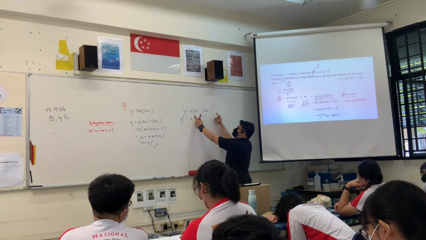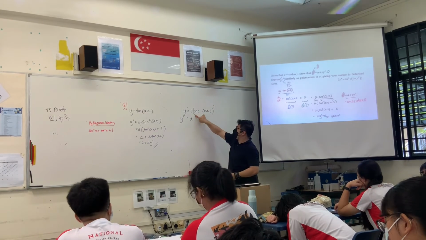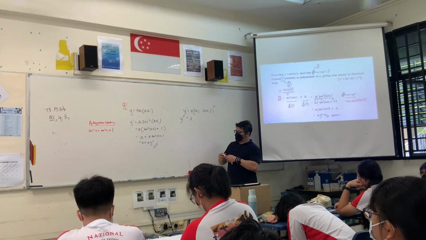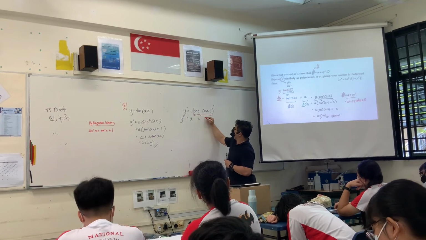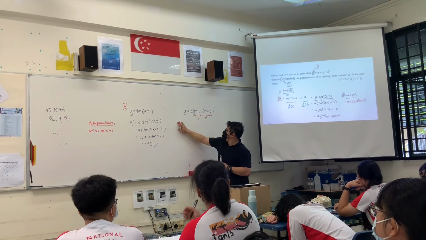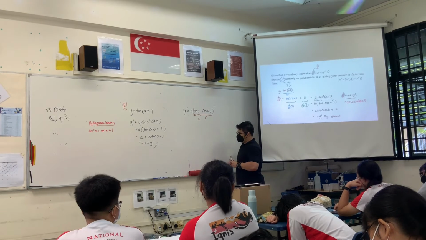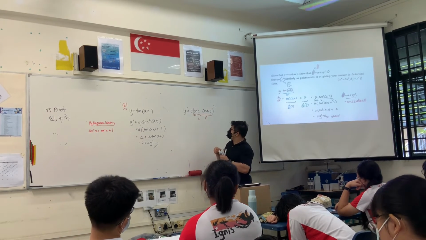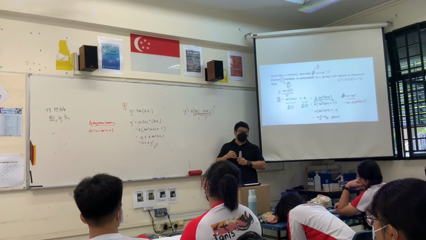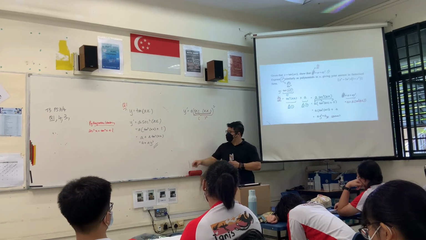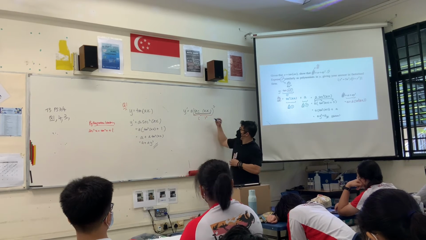Outside is power 2. That's one layer here. The one layer is something to the power of 2. The second layer is the secant. The third layer is the ax.